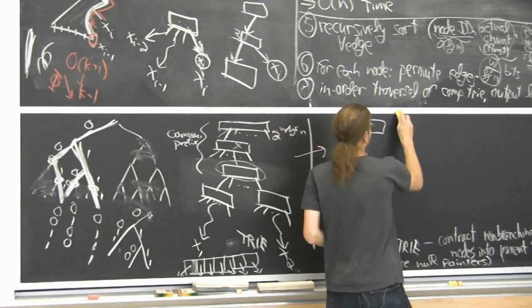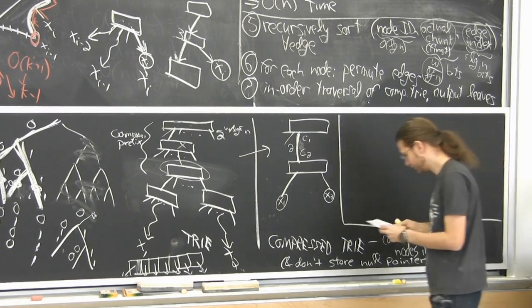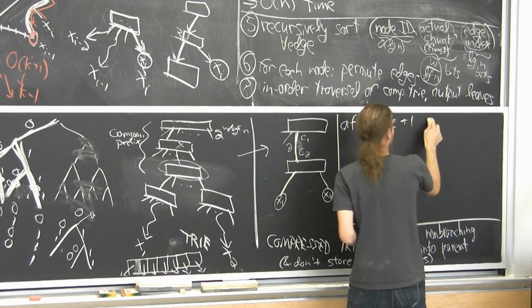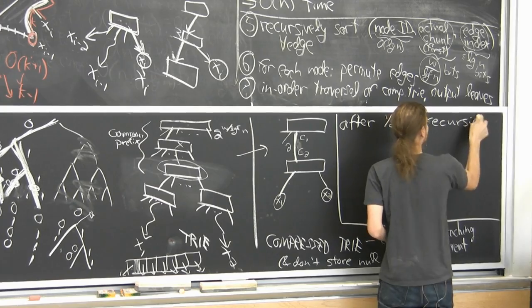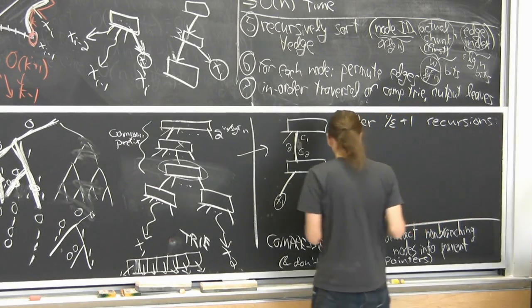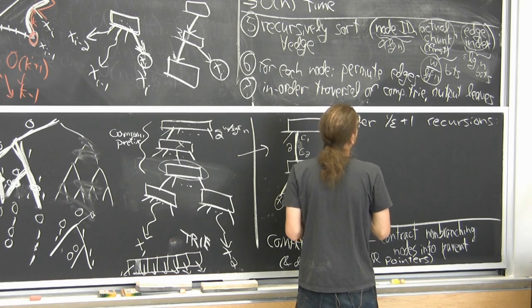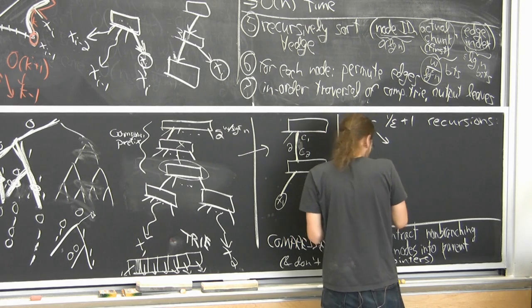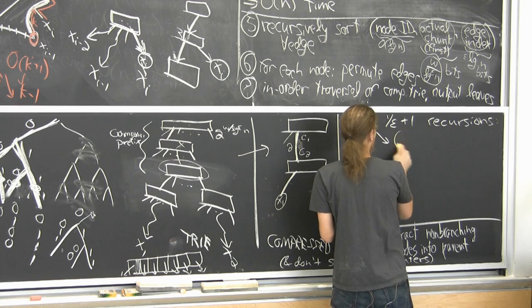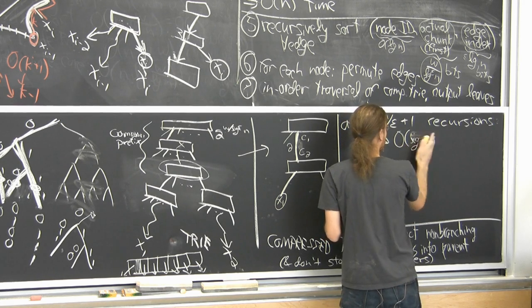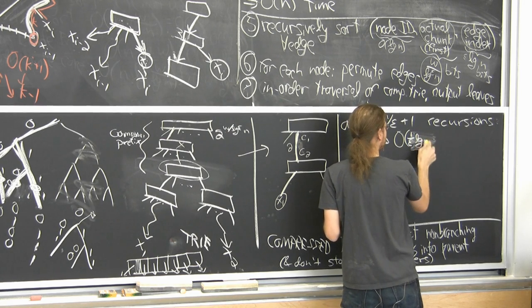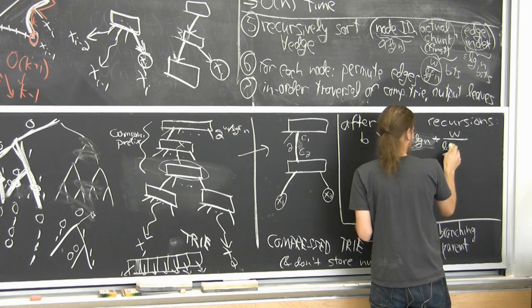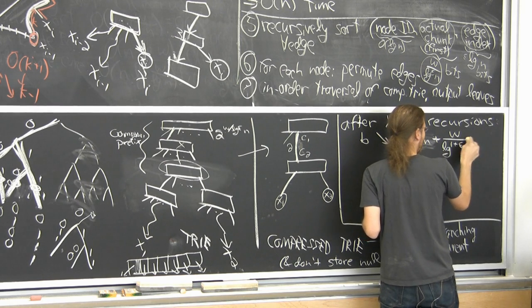After, let's say, 1 over epsilon plus 1 recursions, we will have reached, b will have decreased, excuse me, to order log n, I guess like 1 over epsilon log n plus w over log to the 1 plus epsilon n.